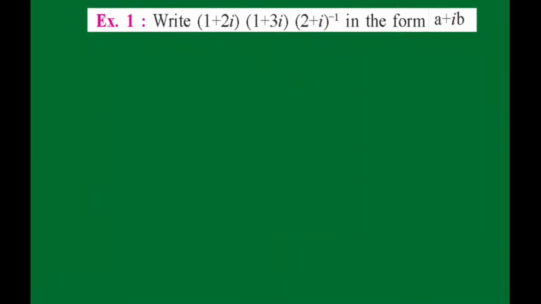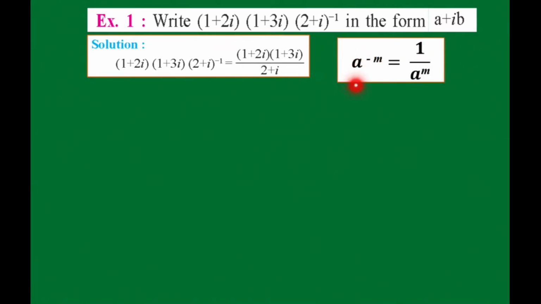We use the formula a raised to the power minus m can be written as 1 upon a raised to the power plus m. So we transfer this 2 plus i raised to the power minus 1 to the denominator, so as to get 2 plus i raised to the power plus 1. So power plus 1, that means we can write only 2 plus i. Now first we multiply the numerator, then after calculating the numerator we divide that quantity by 2 plus i.